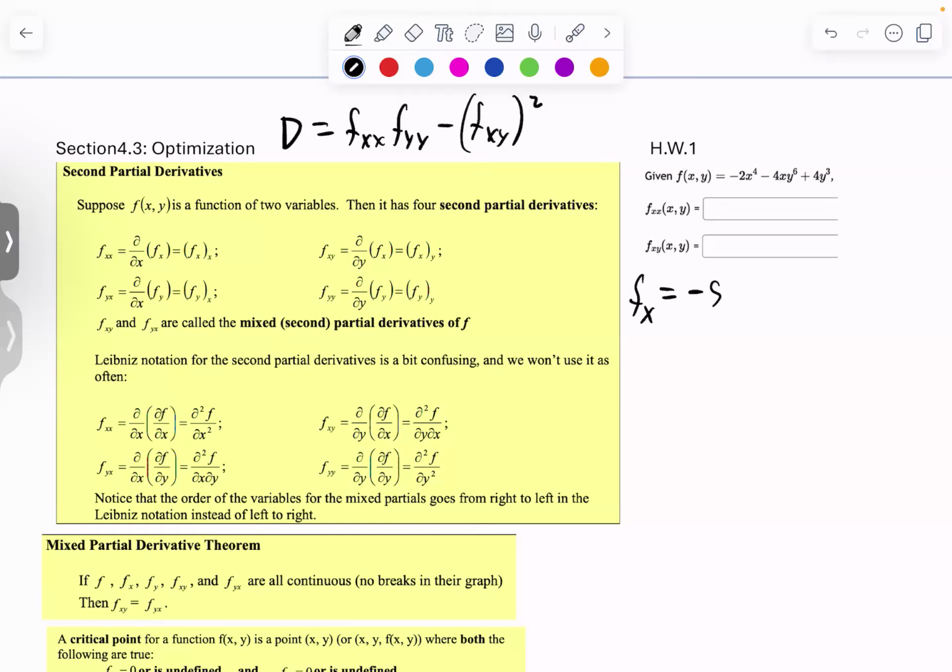This is going to give us negative 8x to the third minus 4y to the sixth, and the 4y to the third is 0 because it's a constant relative to what we're doing. If I take the second derivative of that with respect to x, that minus 4y to the sixth goes to 0, and I end up with negative 24x to the second power. And so there is my first answer.